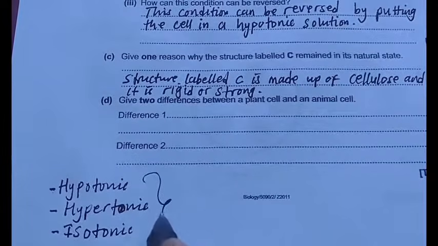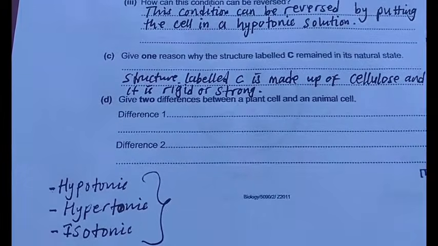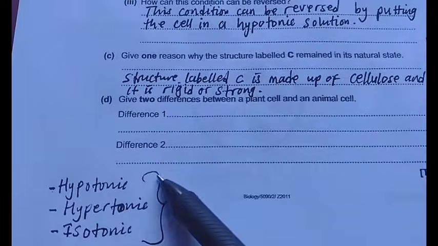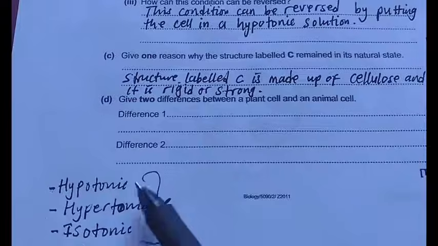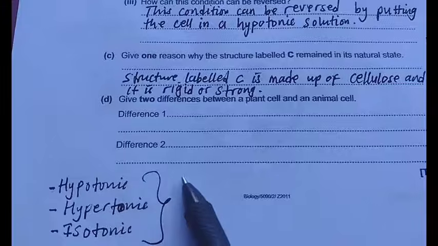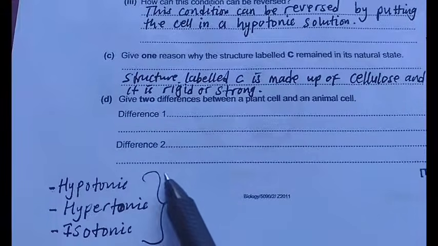So you must know these three solutions. What happens to either an animal cell or a plant cell when it is placed in one of these solutions? Very, very important. So for this hypotonic solution, I've said this one has low concentration because it has low solutes, and there is more water potential in it.